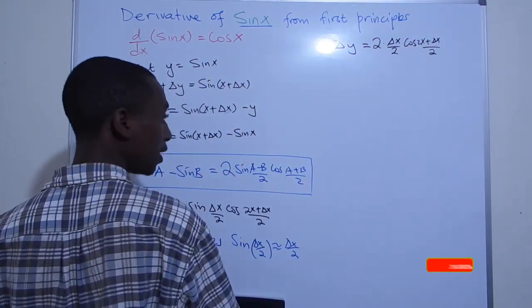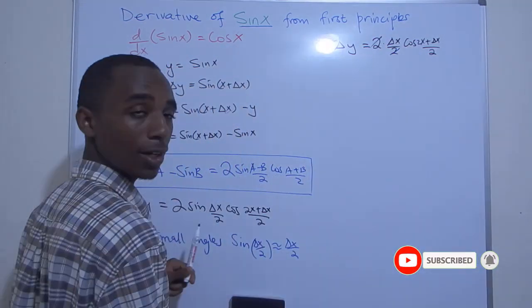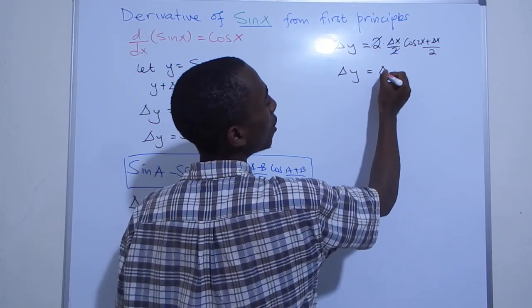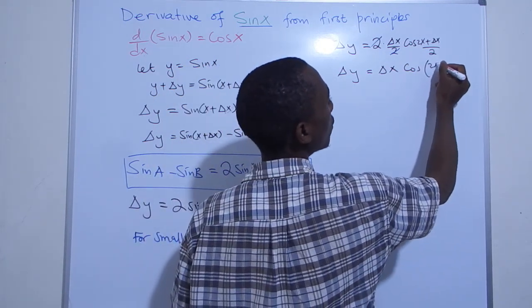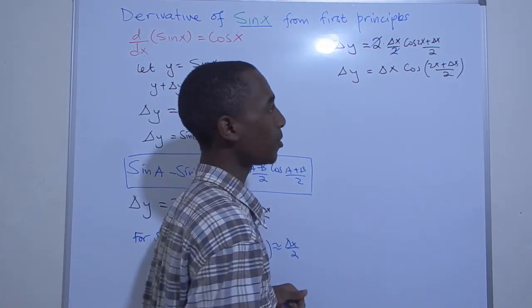So as you can see, this 2 cancels with this 2. Now we have delta y equals delta x times cosine of (2x plus delta x) divided by 2.